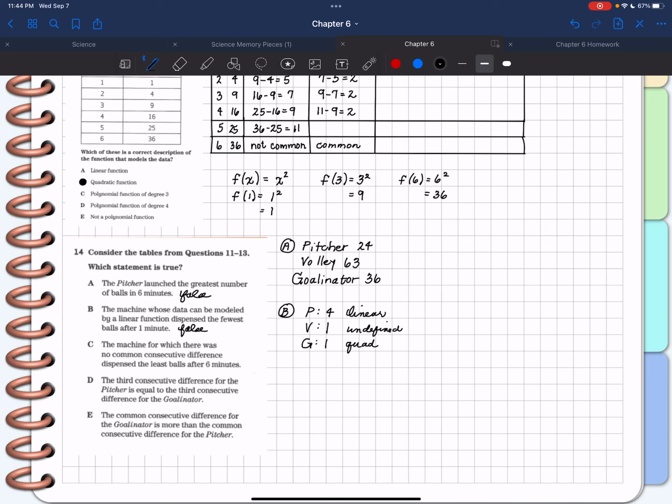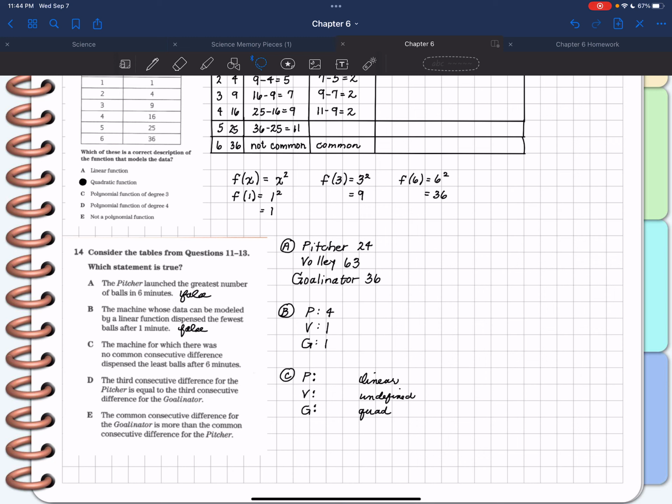C, the machine for which there was no common consecutive difference dispensed the least balls after 6 minutes. Okay, again, those match up to this particular group of functions.